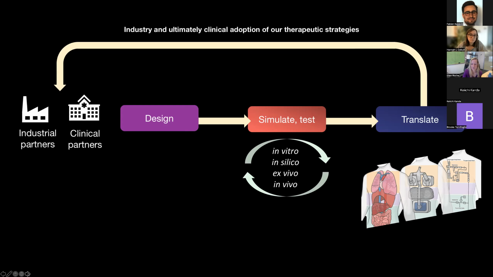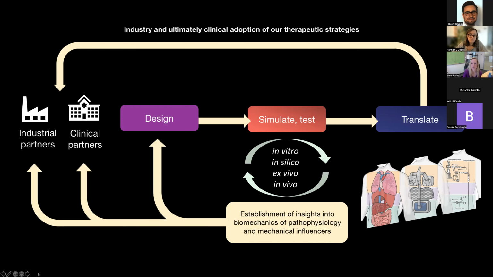And really, when we spend a lot of time iterating through this simulate and testing loop, we find we can establish some insights into the biomechanics of the disease and some of the mechanical influencers of the disease. We really look at how we can augment the mechanical function and how we can recapitulate the mechanical function of systems on the bench and in animal models.